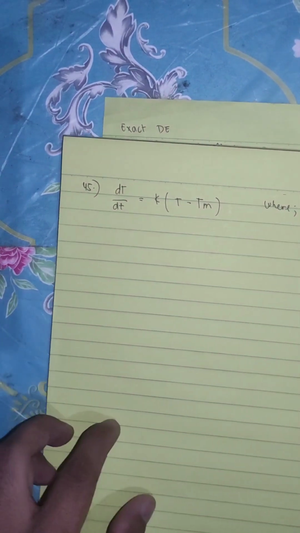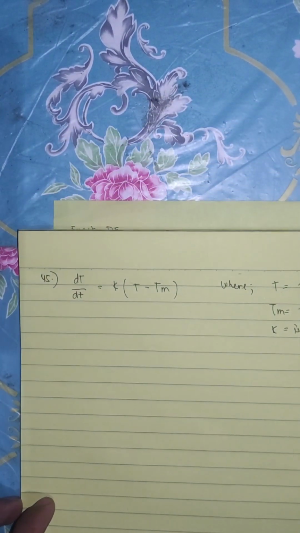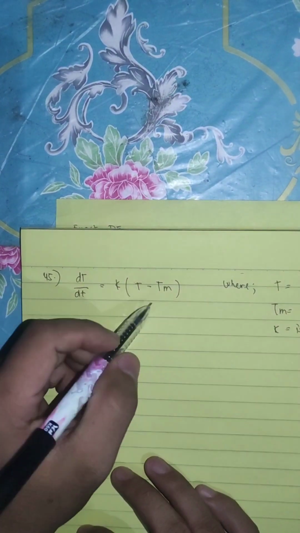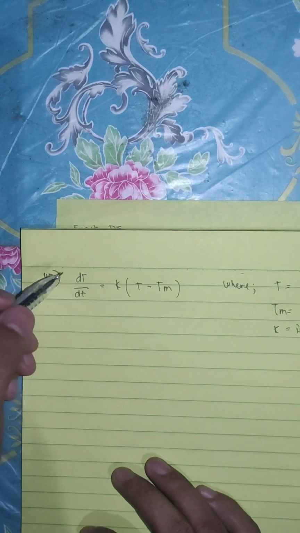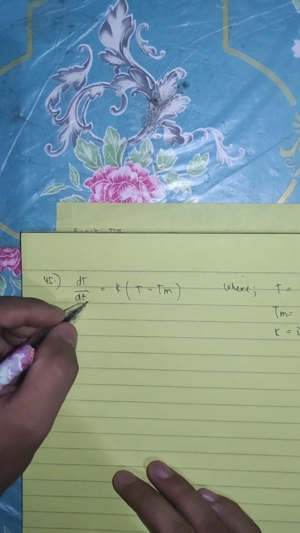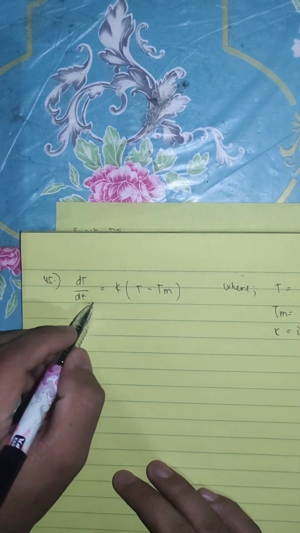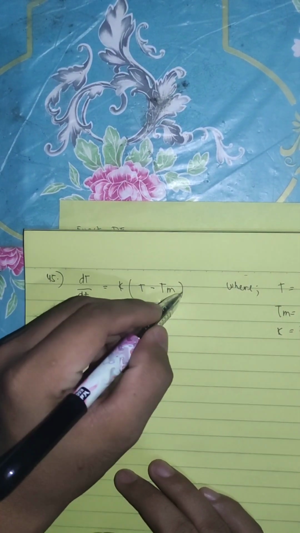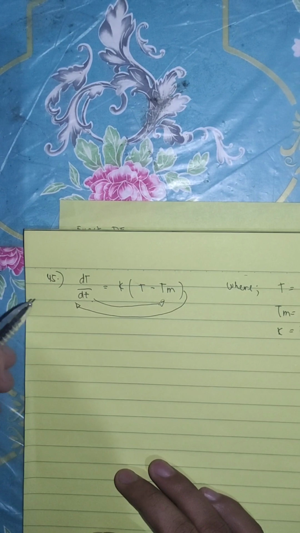So here guys, we have a formula. It is from Newton's law of cooling. As you can see, in this formula we can use variable separable, so this will be transferred here, and this will be transferred here.